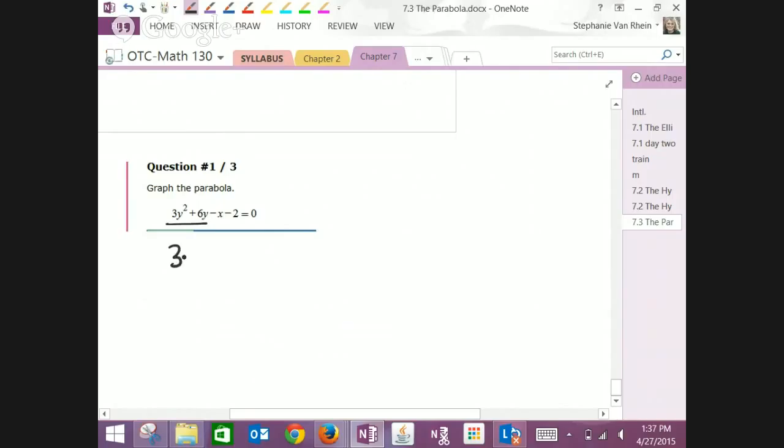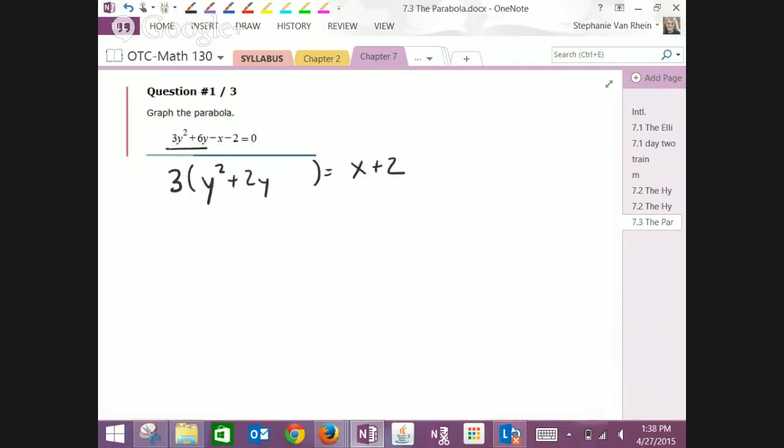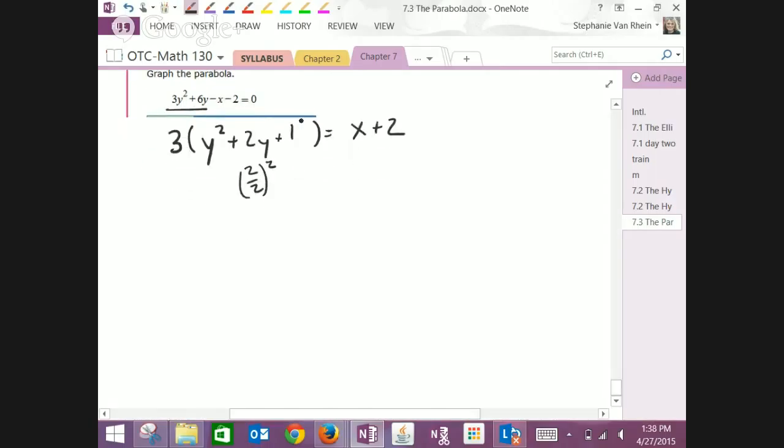So if I factor out a 3, I have y squared plus 2y equals x plus 2, right? So it's looking like it's going to open to the right. We don't know 100% yet. What do I need to add in here? 1, right? 2 over 2 squared. When I add in 1, what am I really adding in?